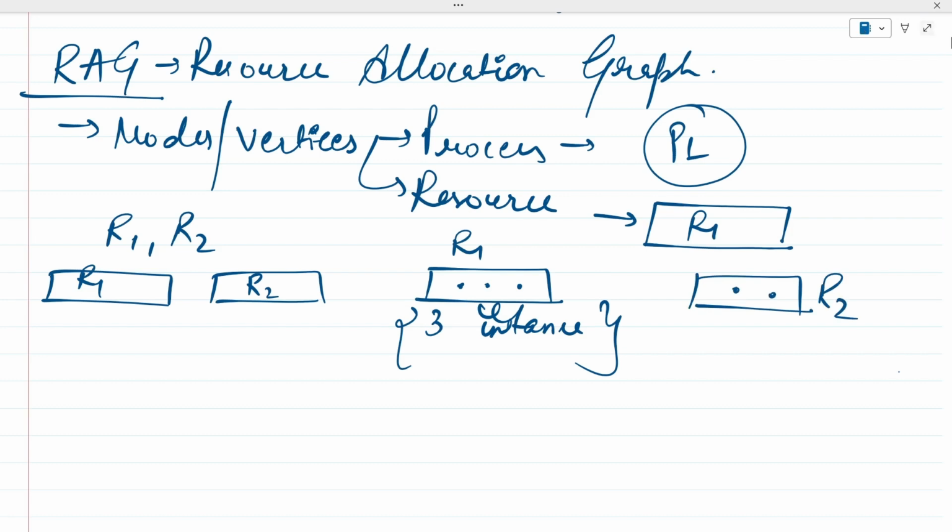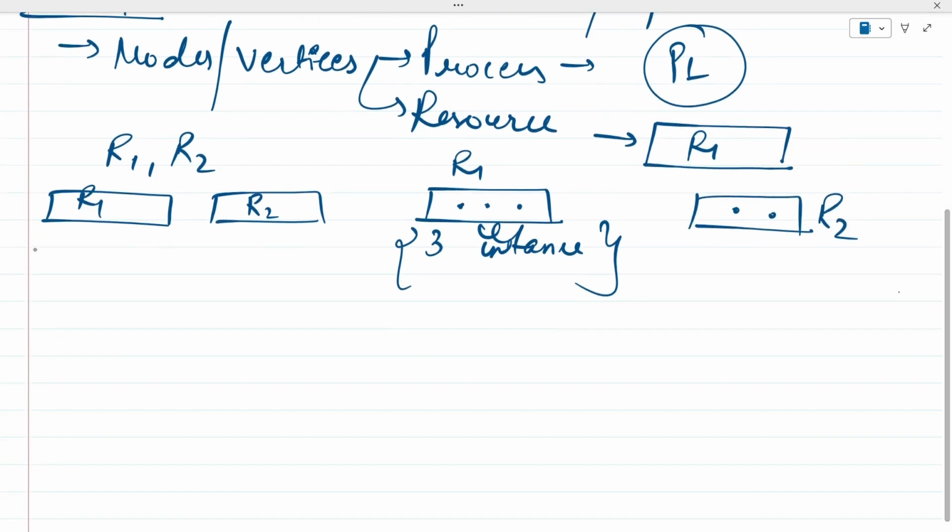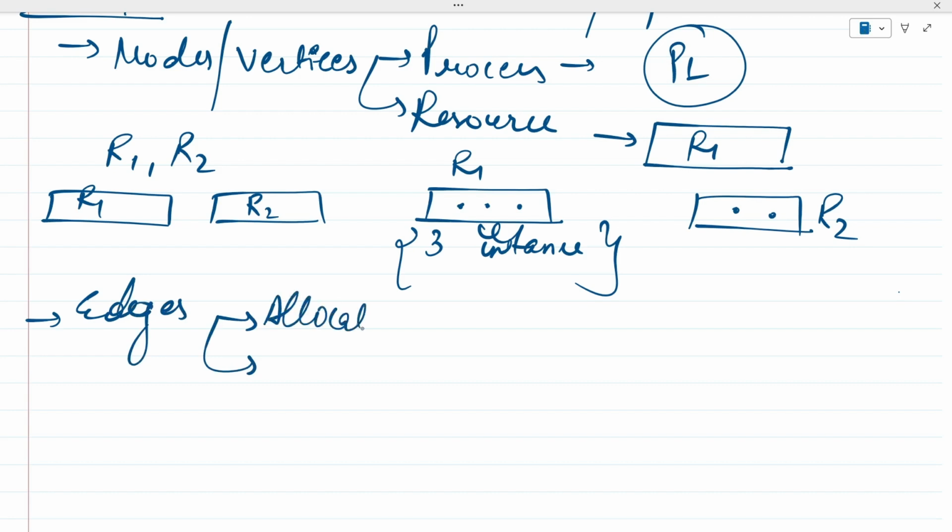Now we understand nodes, and the second important thing is edges. Edges are categorized in two ways. The first one is allocation. Allocation means an edge from a resource instance to a process. Let's say R2 is assigned to P1, so P1 has R2.